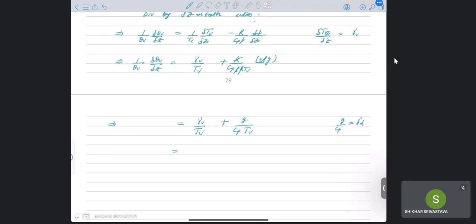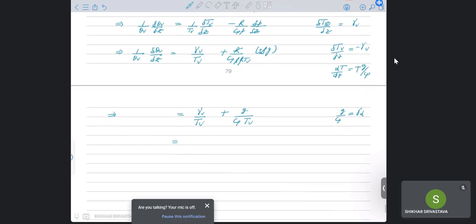Sorry, there was one mistake: this del TV by del Z is minus gamma V, because we know when we derive dT by dz it comes out to be minus. There is a minus sign always, so in order to take care of that minus sign we just take it here, so it will be minus.